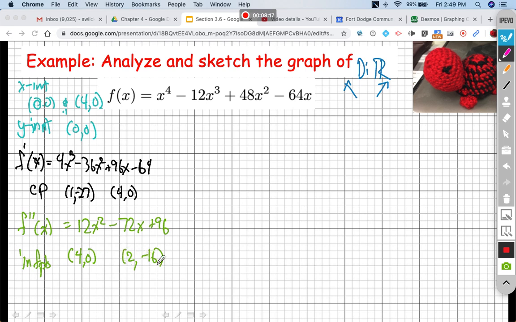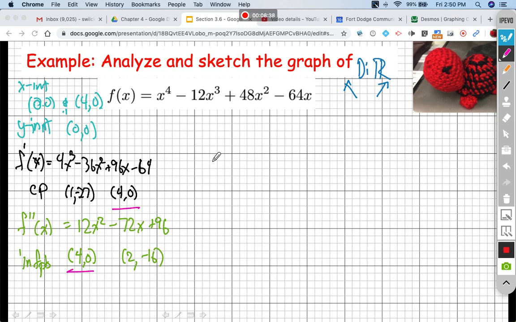Now, look at this. I have a possible inflection point and a possible critical point. At the same point, you cannot have a point that's both an extrema and an inflection point.